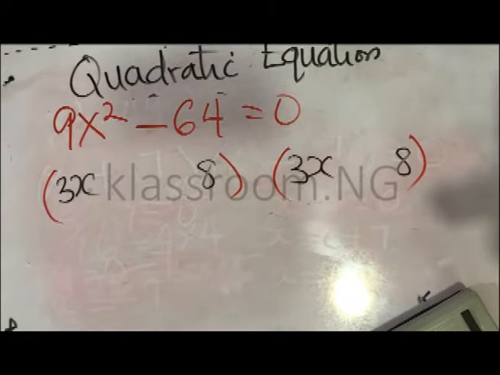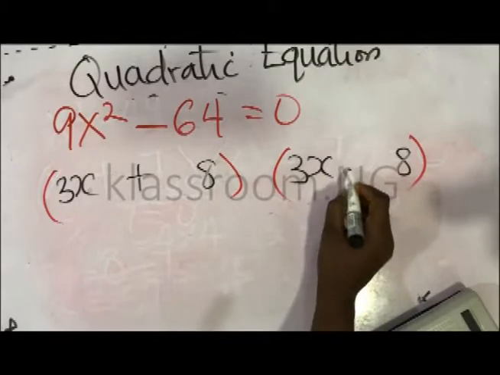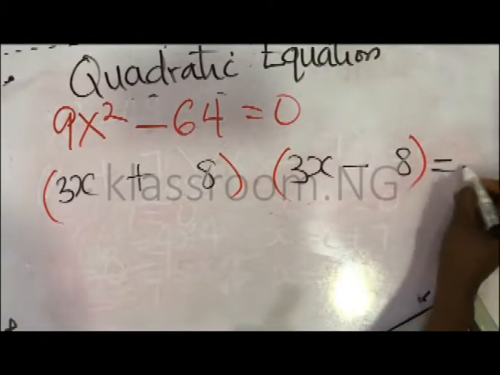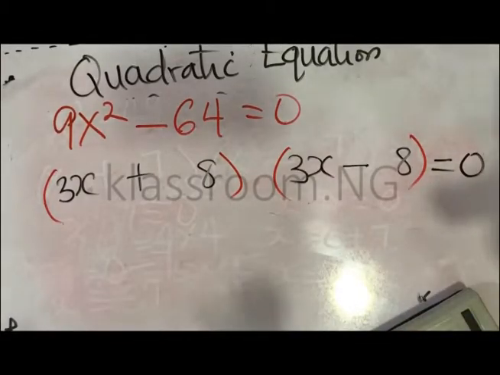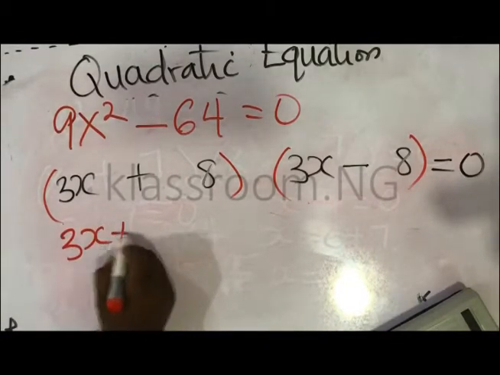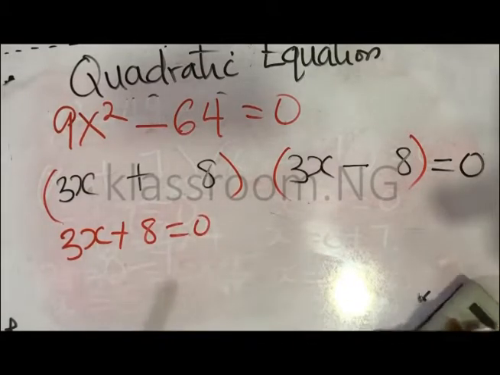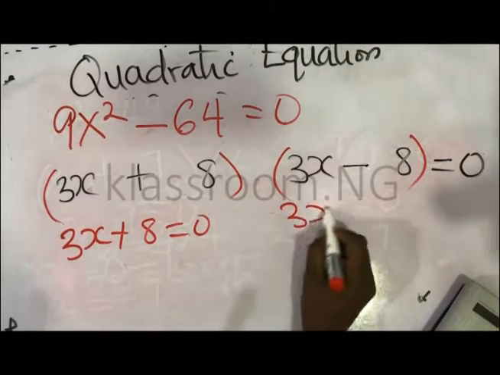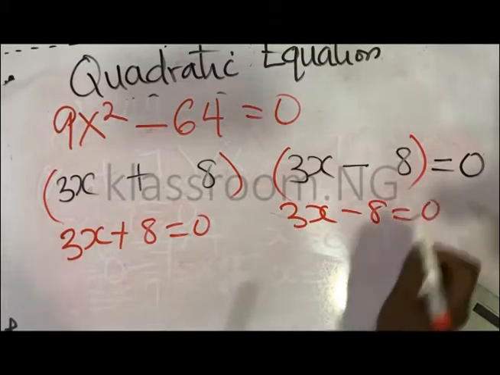Now, we still apply the same rule for the subtraction sign. So we're going to have plus times minus to give us minus. So we can have plus here and we'll have a minus here, then we have equal 0. We're going to solve this one after the other. So we take 3x plus 8 equals 0, and we have 3x minus 8 equals 0.